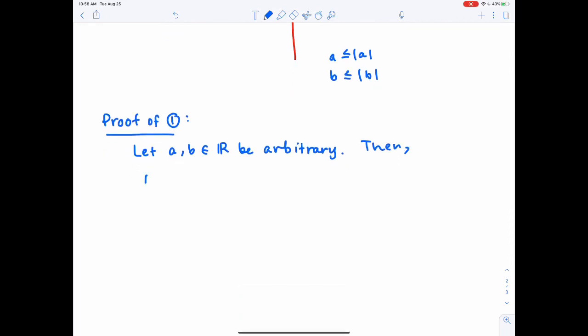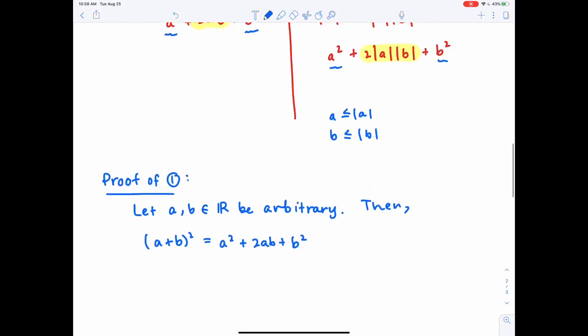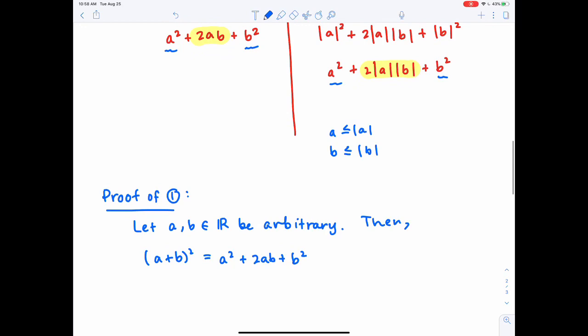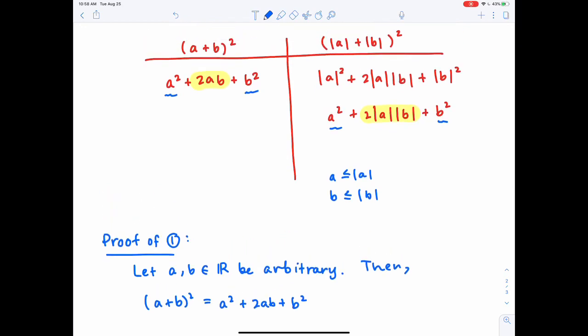So when I look at a plus b squared and I expand it, I'm going to get a squared plus 2ab plus b squared. And then I can slowly try to start making replacements, so I'm starting here and then I'm going to go up and go backwards and arrive at the other side of my inequality.